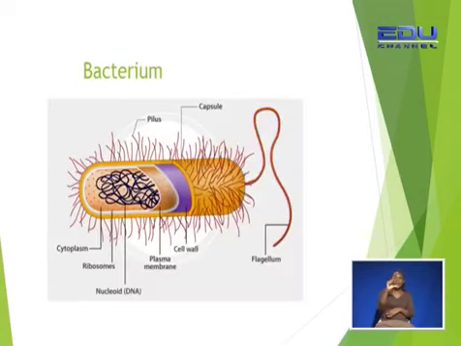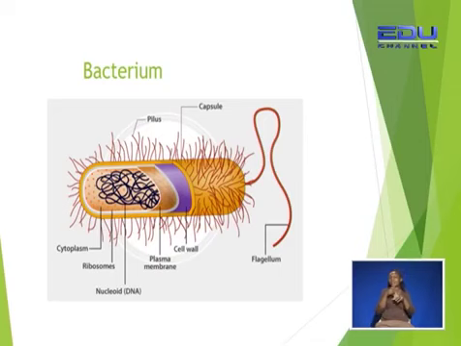So there is a diagram of the bacterium there. It's a unique living organism in that it has some features that are found in other living organisms, but somehow different from the features that are found in other living organisms.